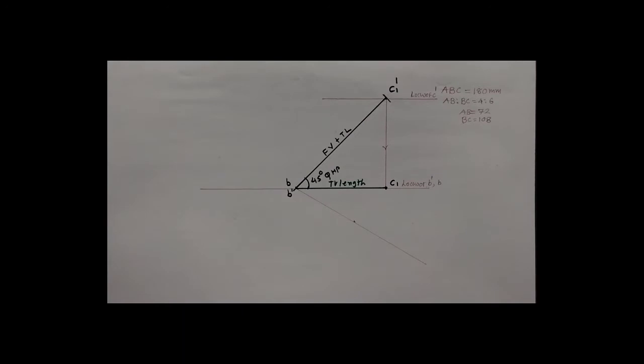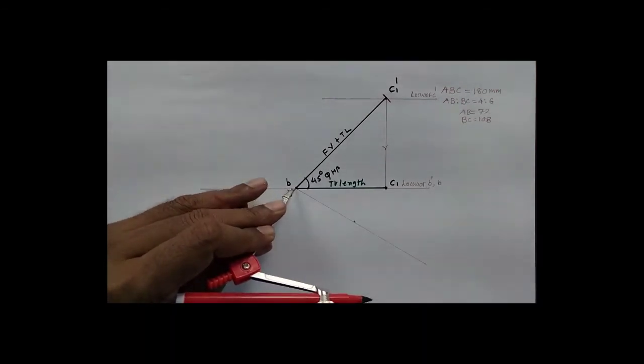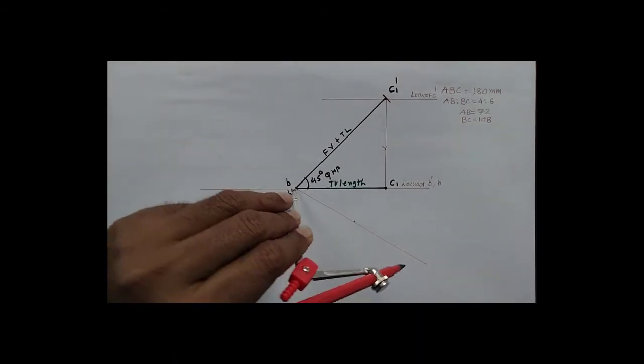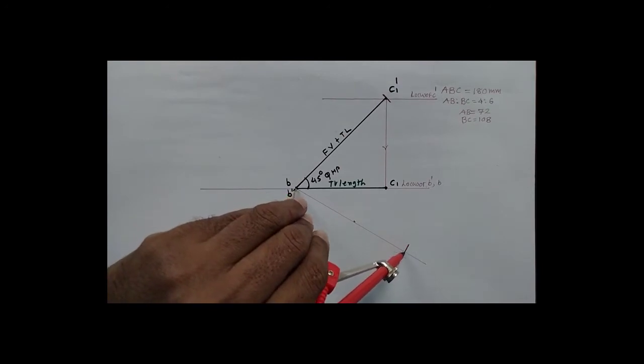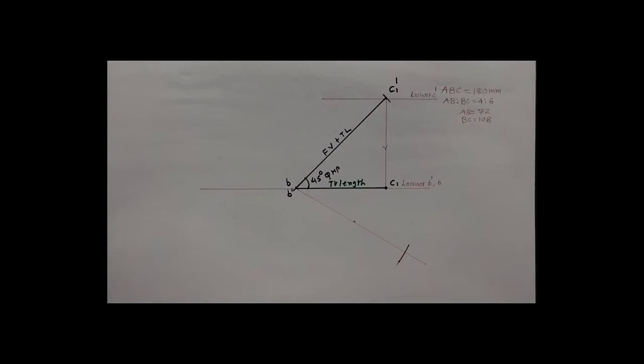Similarly, you can draw the arc on the plan. So I choose B as the center and draw the arc on the line inclined to VP. It is my C2 point.